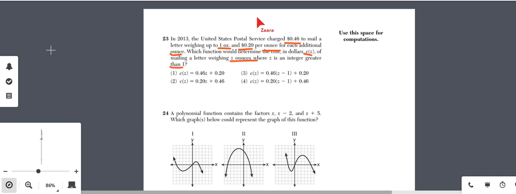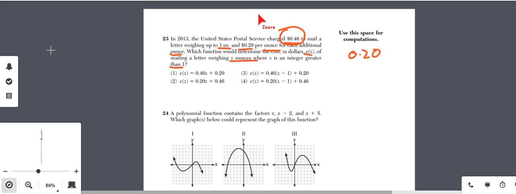Got it? So this is a fixed cost, and this 0.20 times this is the per ounce additional increase. What will we get in our result? It is the additional ounces times the rate, and the rate is 0.20.